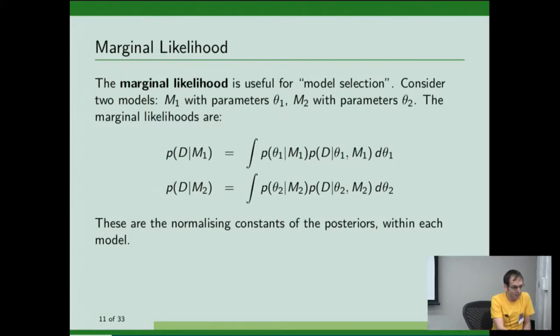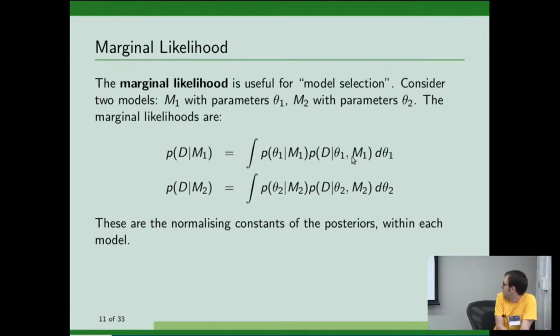So if, for example, our transit model was called M1, and there was some alternative, perhaps with different parameters, called M2, then if we want to calculate the posterior probabilities of M1 and M2, we would have to go through this intermediate step where we get the likelihoods for those, which is the probability of the data given M1. This is the probability of the data given M1, but not given its parameters.